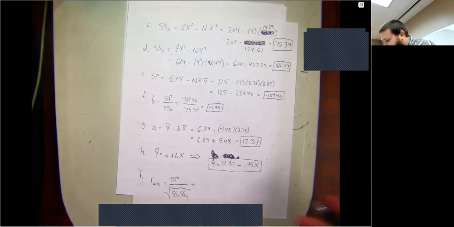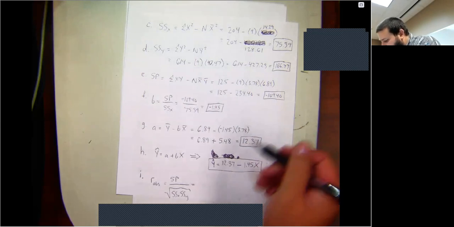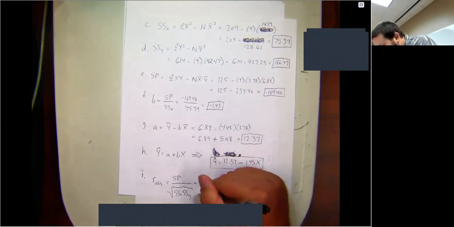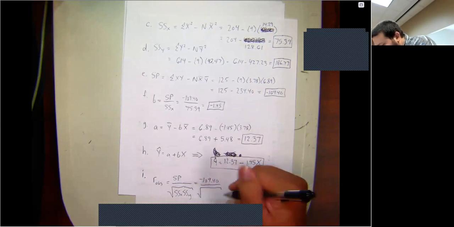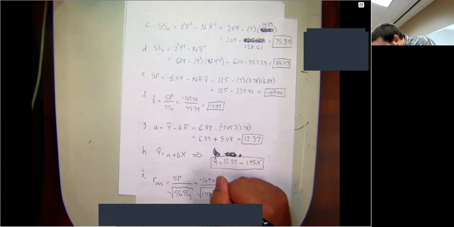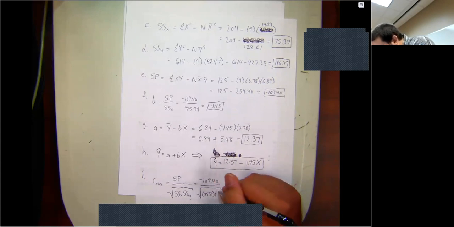SP was up here at E, negative 109.4. That's over the square root of SSX, which was 75.39, times SSY, 186.77.